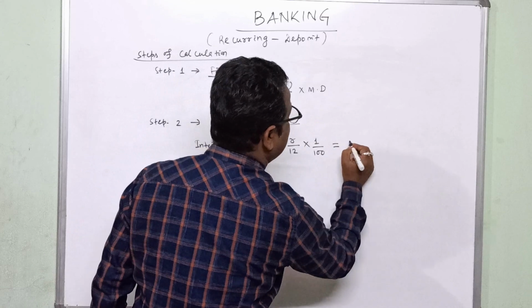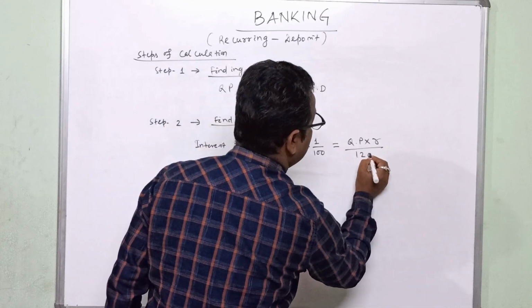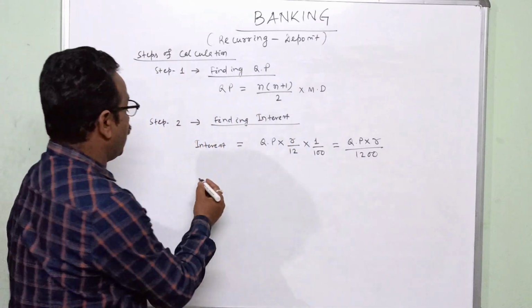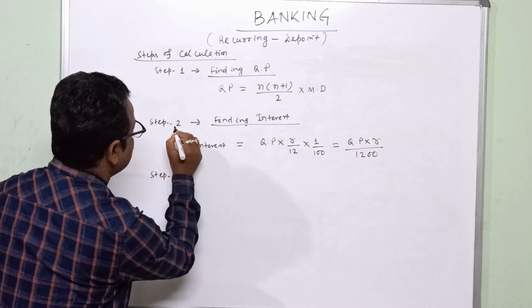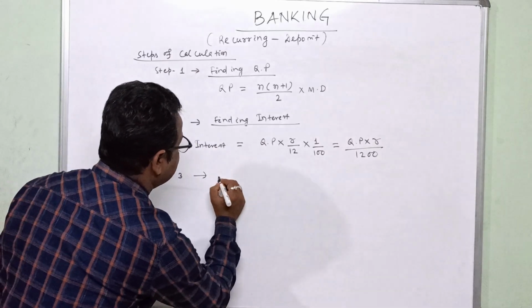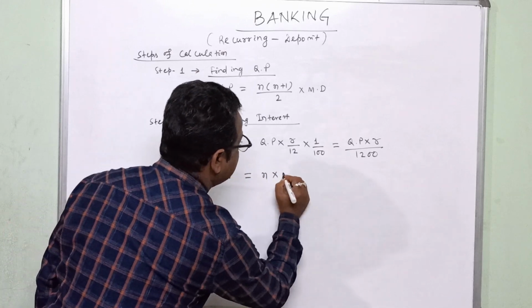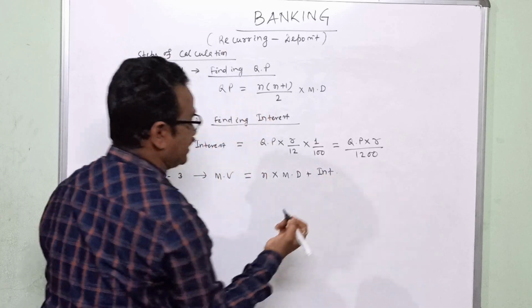That directly we can write as QP into R by 1200. So here we will get the interest. Now step 3. In step 3 we will get the maturity value, that is equal to n into MD plus interest.